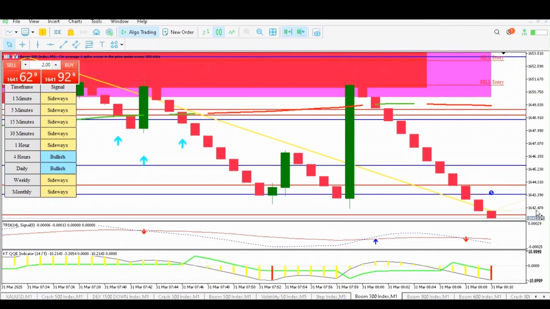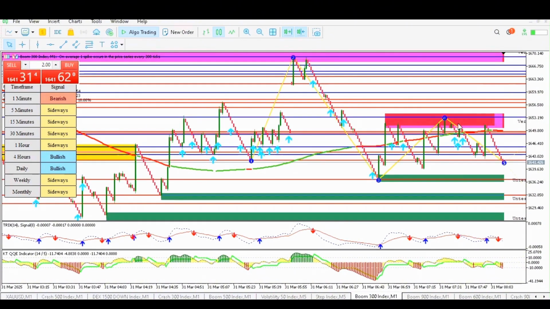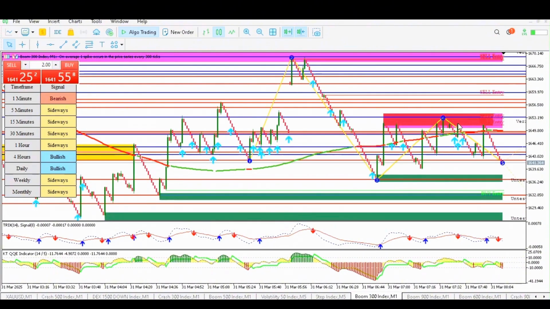So you might try to catch one spike here, but one thing you should know is that you can't hold this trade. Why do I say so? Because it hasn't been confirmed by this window. So in a nutshell, we'll be buying to catch one spike. Then after it has crossed this zone, that is when we can add positions or we can hold the trade so that we can catch as many spikes as possible.